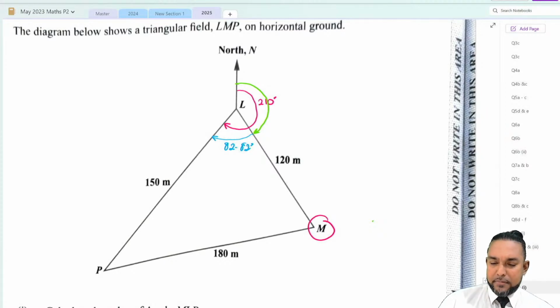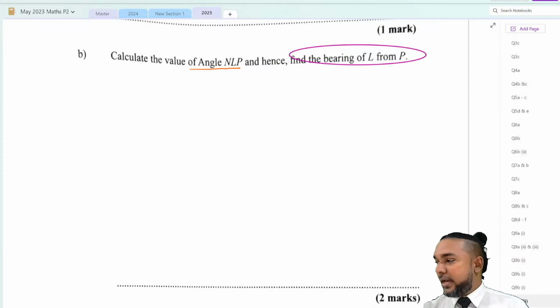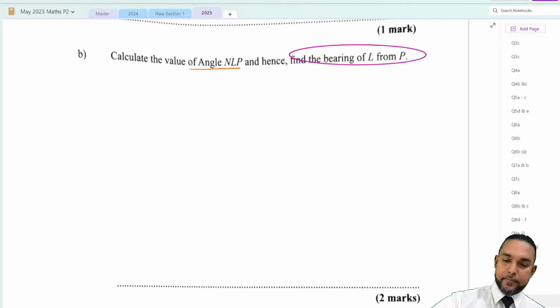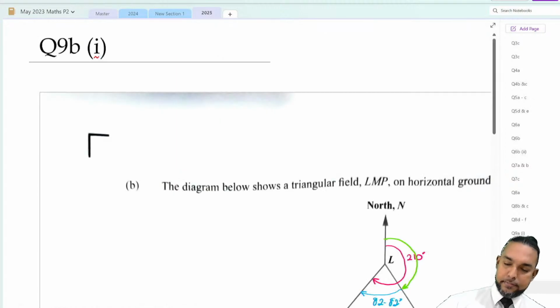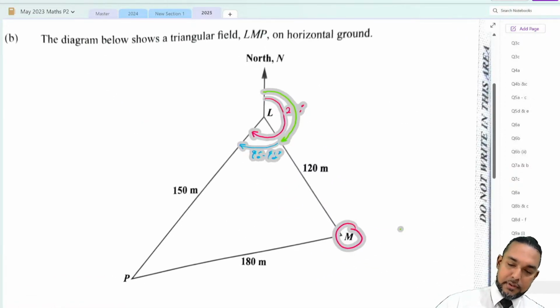Well, we could do L from P. We don't have to find anything else. So NLP. First things first, the angle they want, NLP. So that's N, that's L, and that's P. So the angle they want is this angle here.